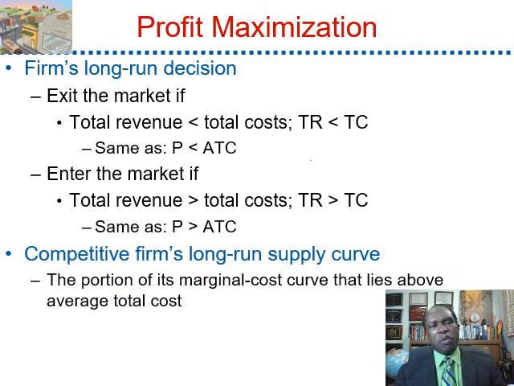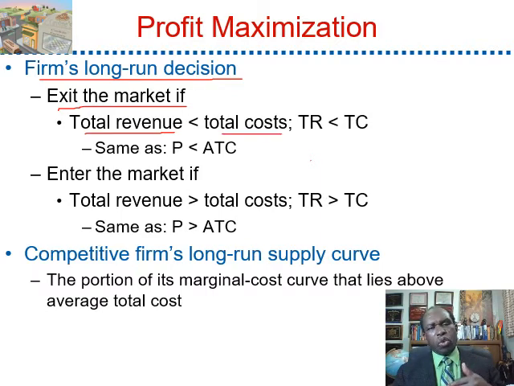So how about the firm's decision in the long run? We know that we define the short run to be a period less than 1 or 2 years, and the long run a period over 1 or 2 years. So in the long run, the firm will exit the market if total revenue is less than total cost, so TR is less than TC, same as price is less than average total cost.